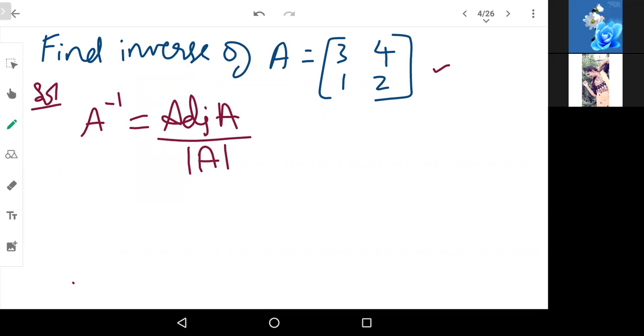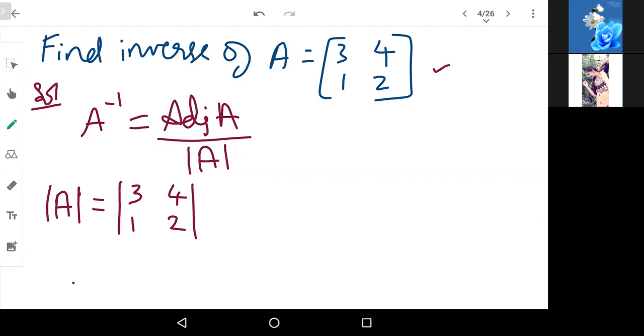Before finding A inverse, let us first find the determinant of A. So determinant A is equal to, convert this matrix into a determinant. That will be 3, 4, 1, 2.